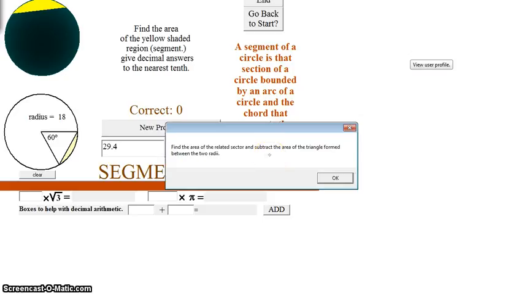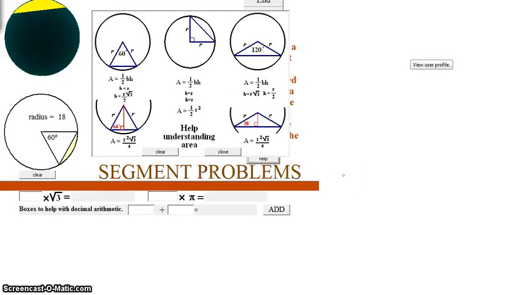Help. Find the area of the related sector and subtract the area of the triangle formed between the two radii. Well, I did that. 1/2 base times height. Base is the radius.